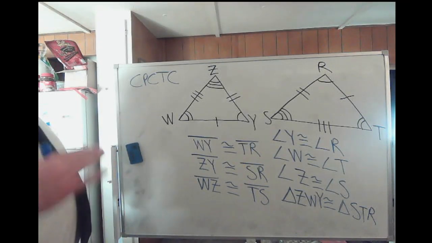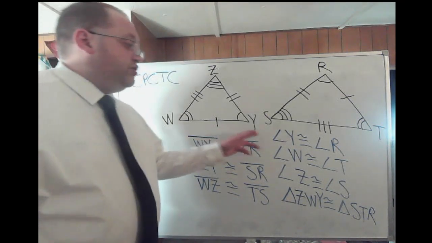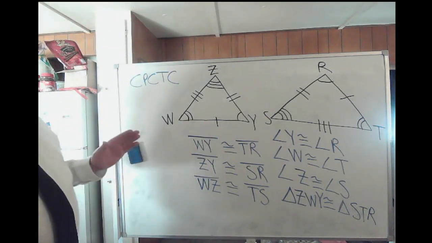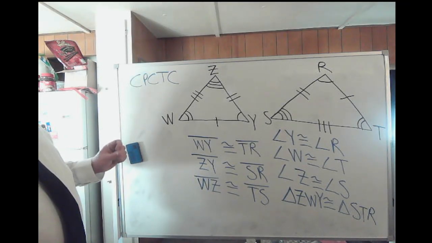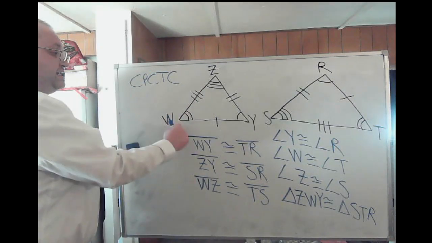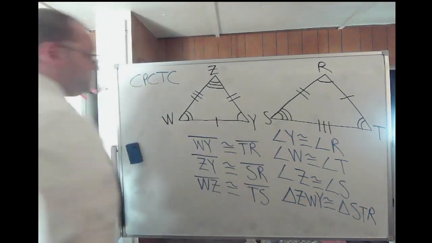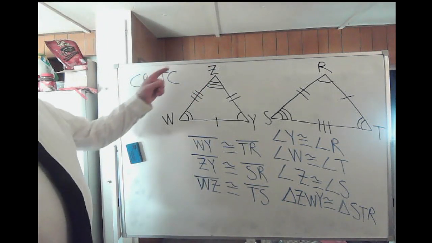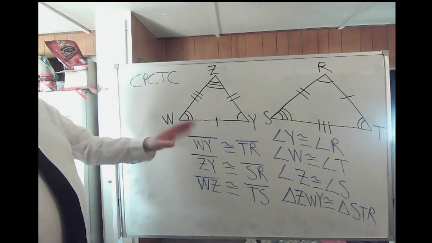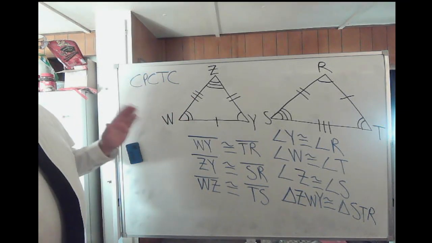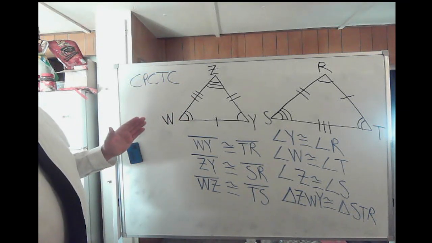Then, once you've found all your congruent pieces of the triangles, what you want to do is form which triangle is congruent to which in the end. The order was ZWY. You always start in the same place on each triangle to label it properly so you get the congruent pieces and parts.